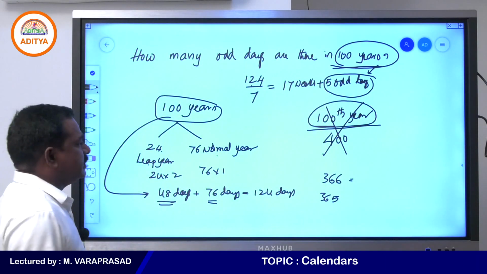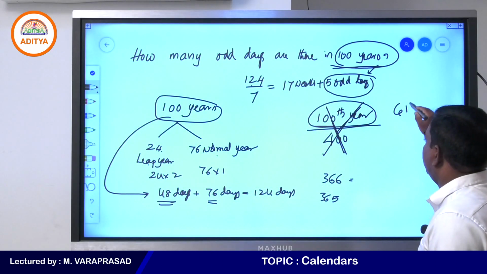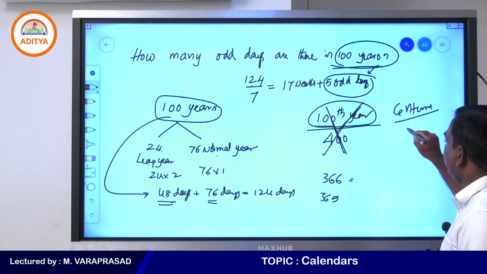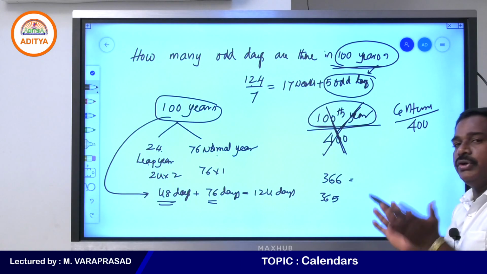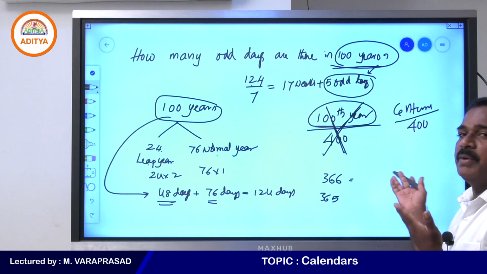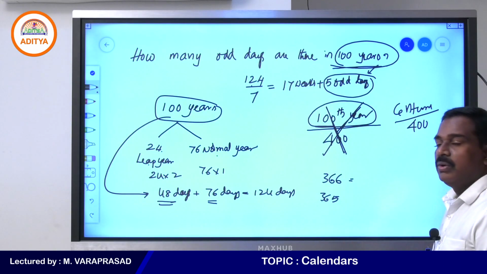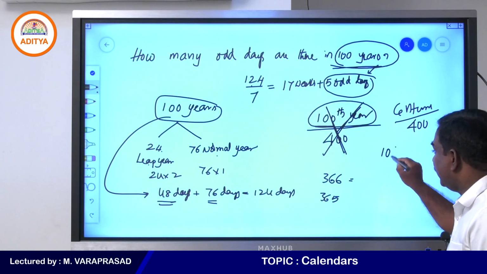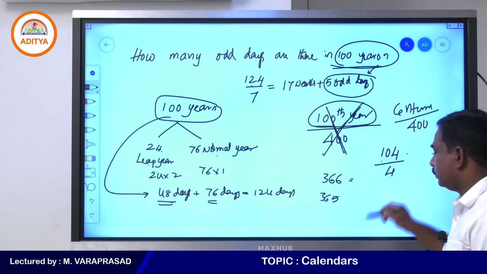The 100th year is not a leap year, because a century year should be divisible by 400; only then is it a leap year among centuries. It's not possible there, so it's not a leap year. But 104 is a general year, not a century year, so it should be divisible by 4.